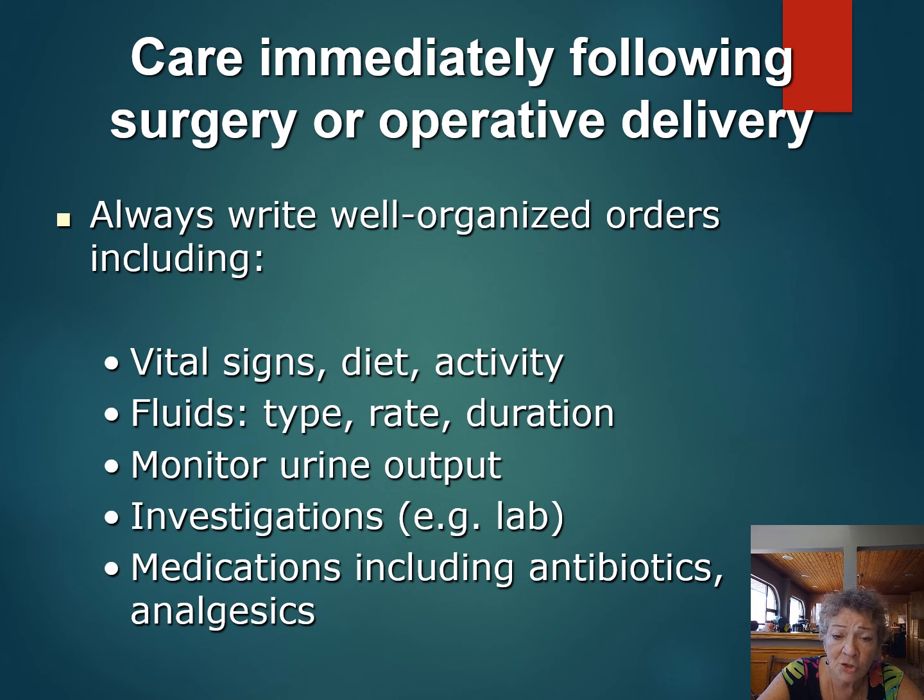Order the investigations that you want, for example, any lab investigations you want either immediately post-operatively or the next day, and any medications that you're going to use, including antibiotics and analgesics. Everybody has their own way of thinking about this, and so the order that these things are in is not important, but it is important that you always remember. So having a mnemonic that makes some sense to you is always a good idea.